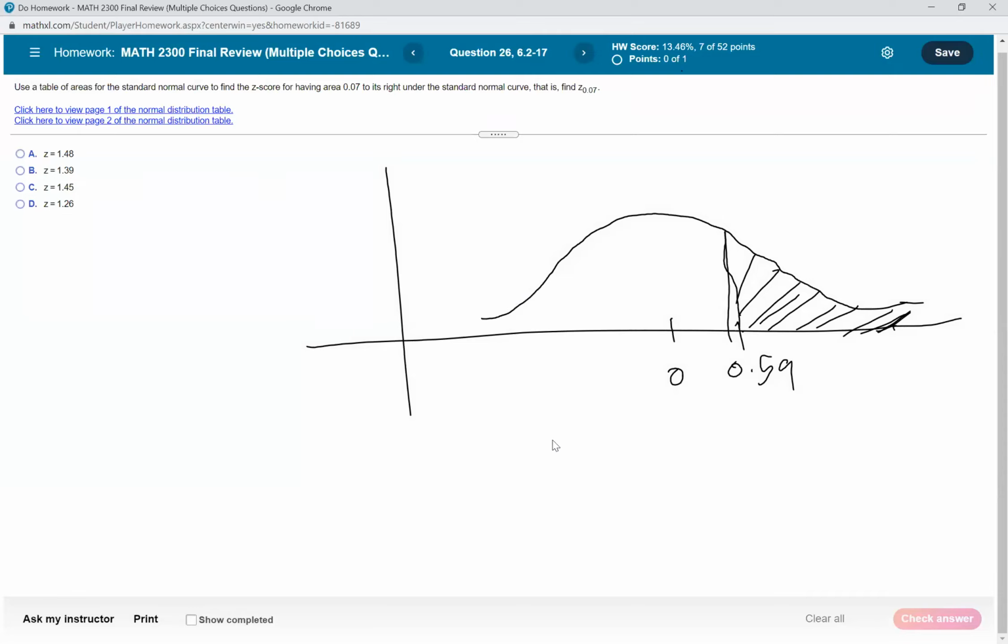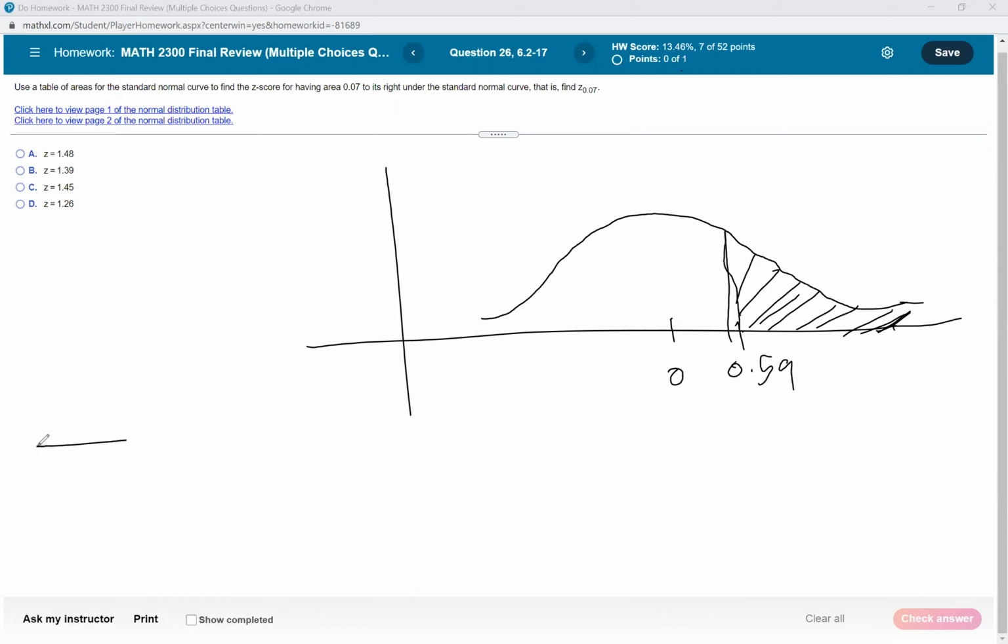Similarly here, use a table of the areas for the standard normal curve. We need to find the Z score where the area on the right side of the Z score is 0.07.